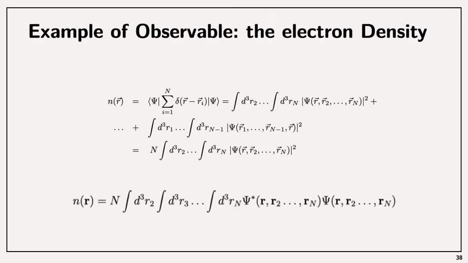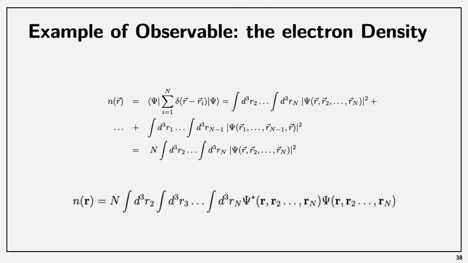Now, once you have this, you can develop all these brackets using the completeness relationship of the position basis functions. Then you develop this, and at the end, you find exactly this equation here. So if you do not remember how to do this, you can do two things. First of all, you take the result for granted and you're happy with this, or you take a minute, pause the screencast, and redo the calculation just to convince yourself.